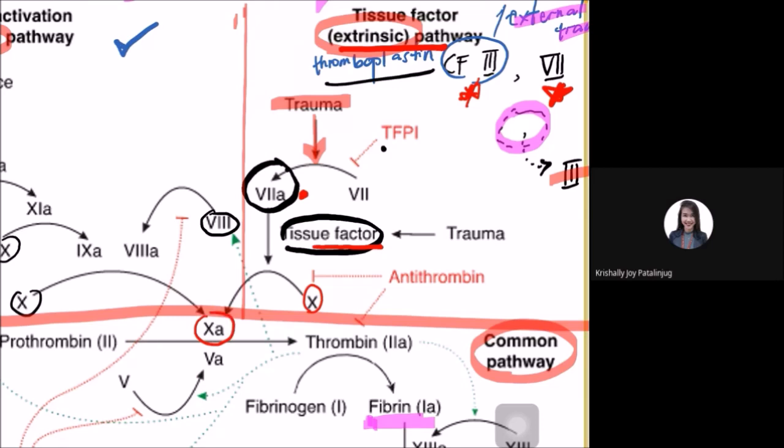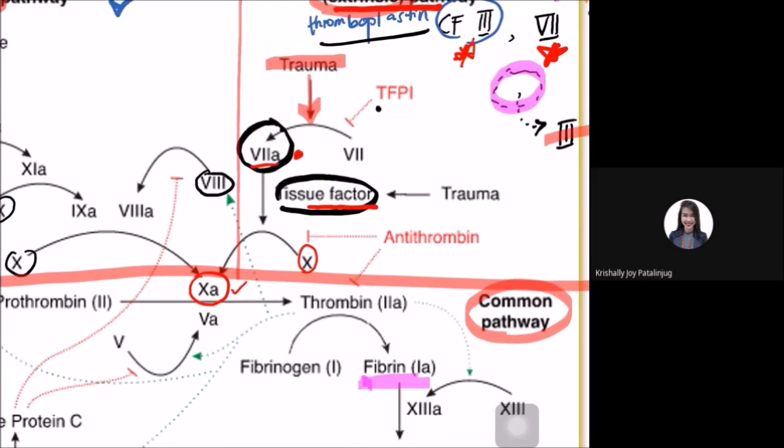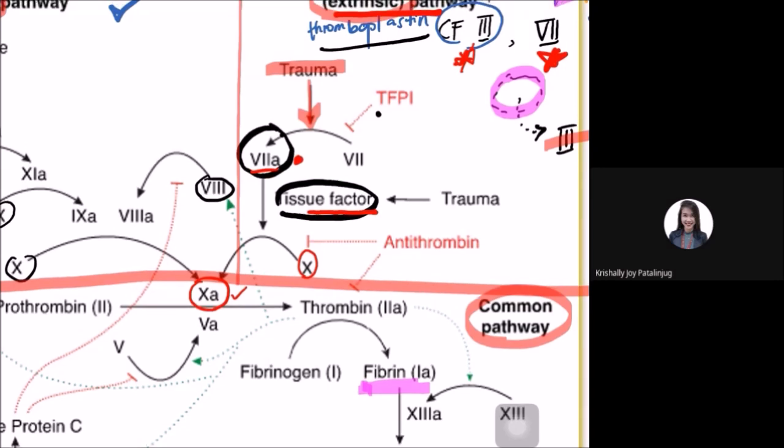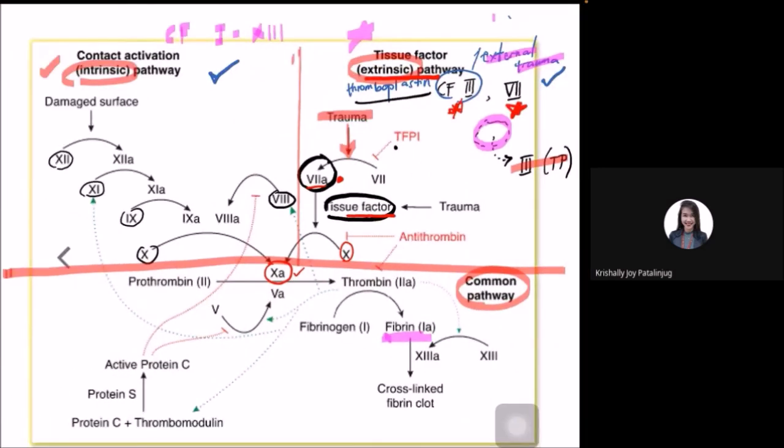So 7A is important so that there is 10A. 10 is activated into 10A. So that is the end conversion, the end of the extrinsic pathway. If solely the extrinsic pathway, that is its ending. We will come back to 10A later. So that's for the extrinsic pathway.